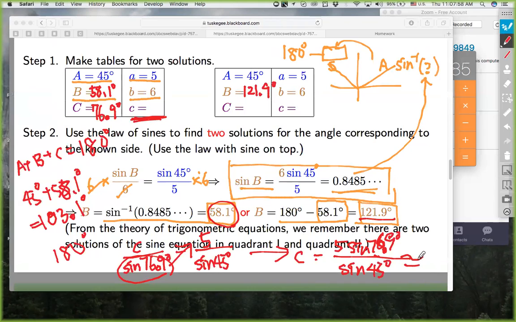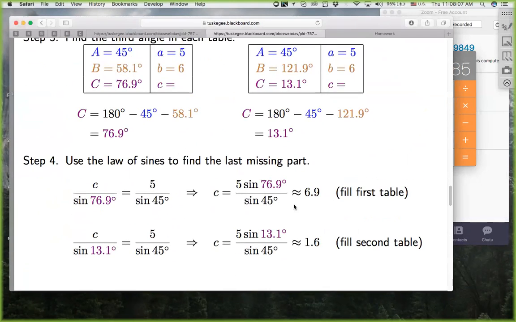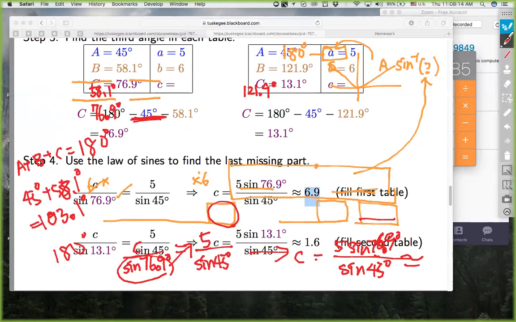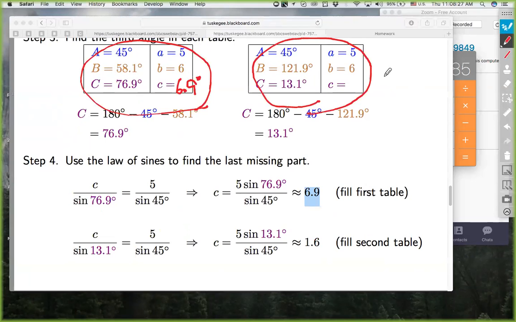Use your calculator, get the value. You should get this number right here, 6.9. So 6.9 now goes finally in there to complete the first solution. And do the second table similarly. You get this number, 1.6.